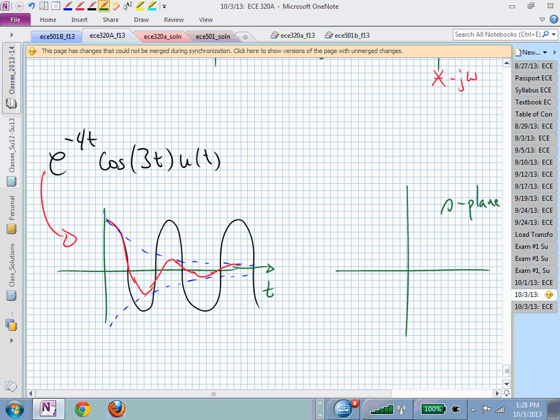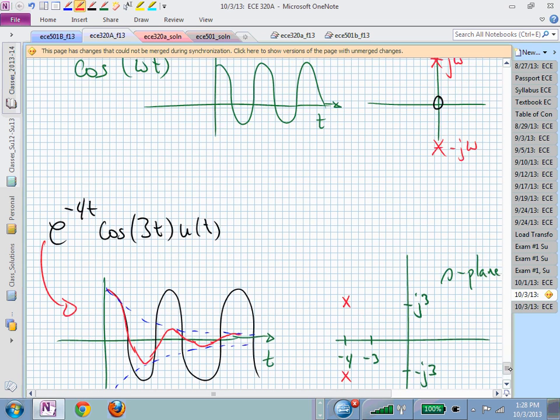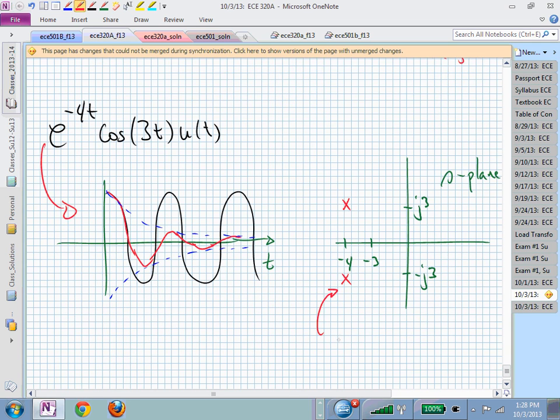If this is now j3, and this is minus j3, and this is minus 3, and let's say this is minus 4, you have poles now at minus 4 plus and minus j3. Okay?